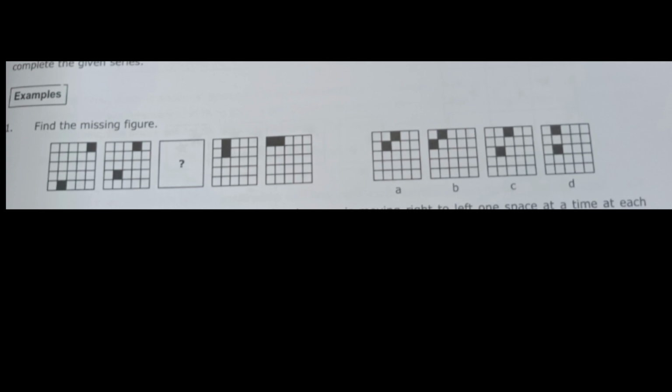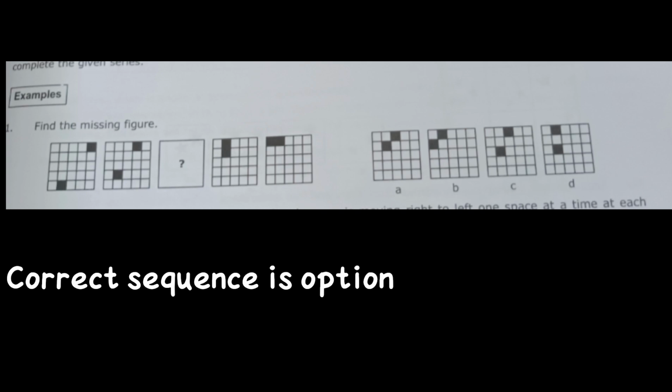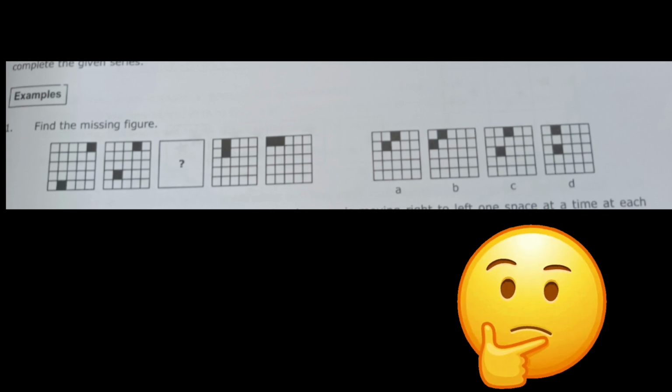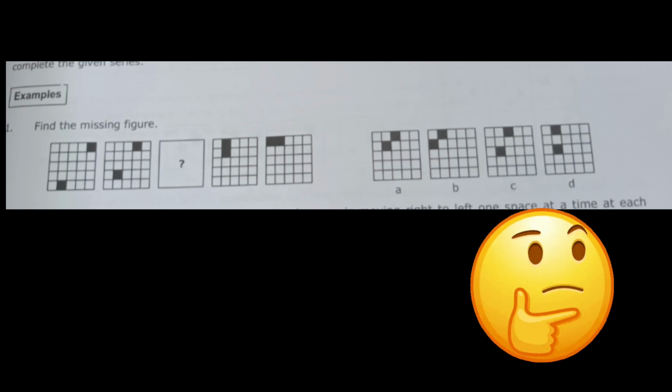Here we can see the missing figure. There are various figures given in 5 by 5, with columns and rows. In the last column we can see a black square, and this square is moving in the second row, in the second position.